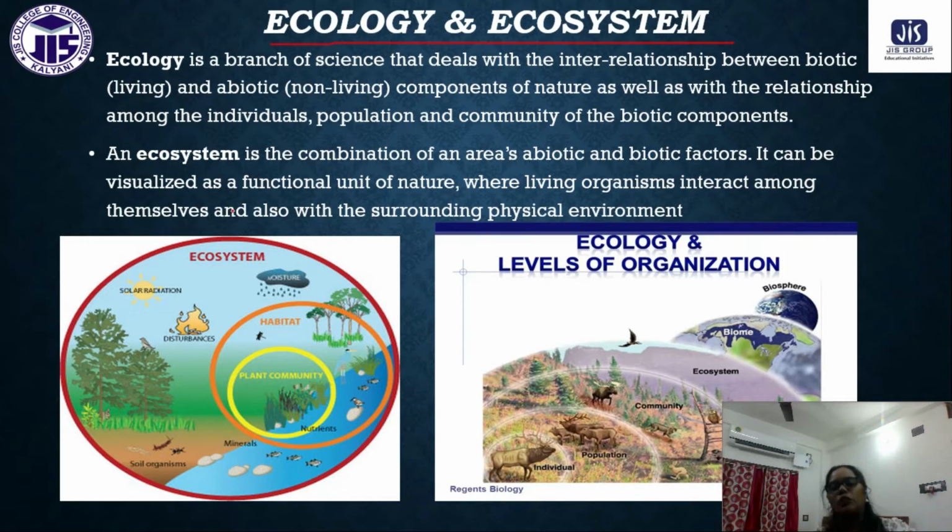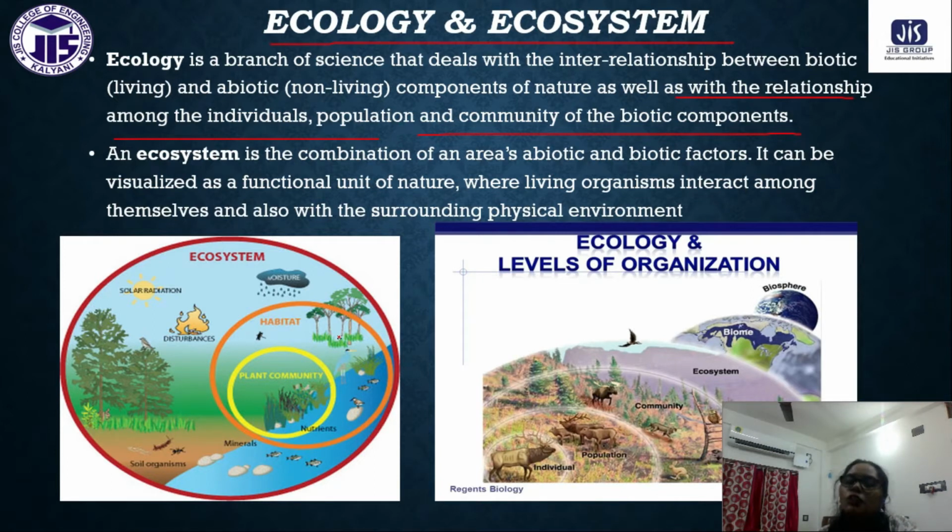Now what is ecology? Generally in this chapter, we discuss the interconnection, the interrelationship between the biotic components and abiotic components of nature, as well as the relationship among the individuals, population, and community of the biotic components.